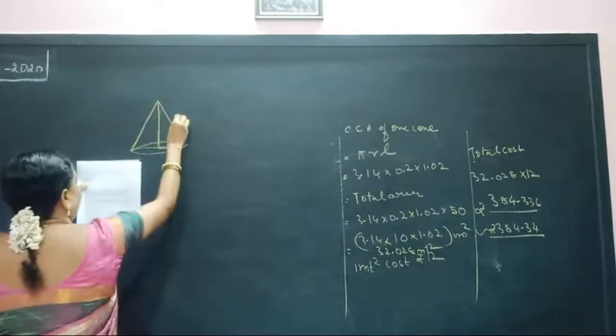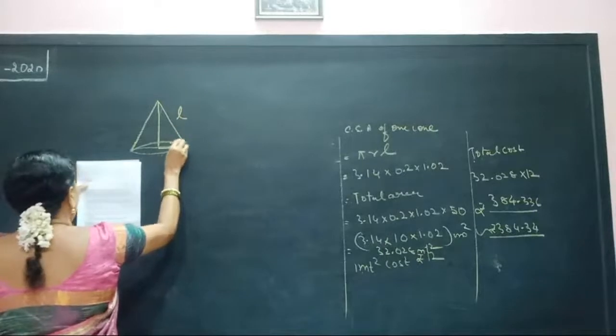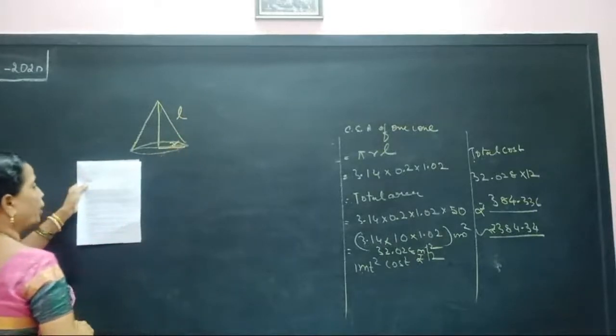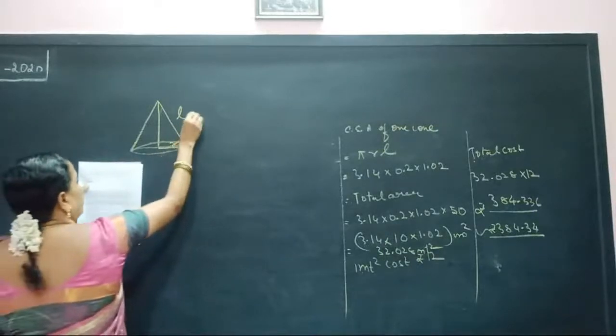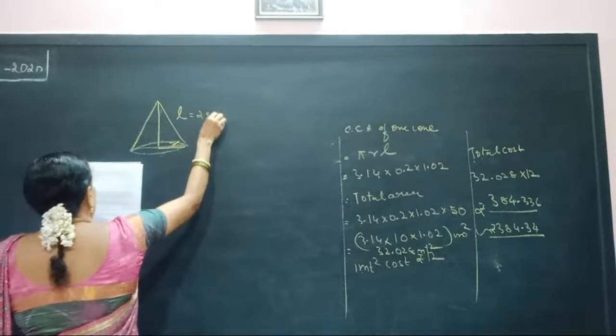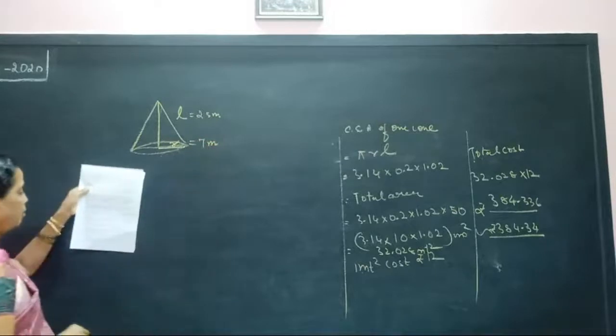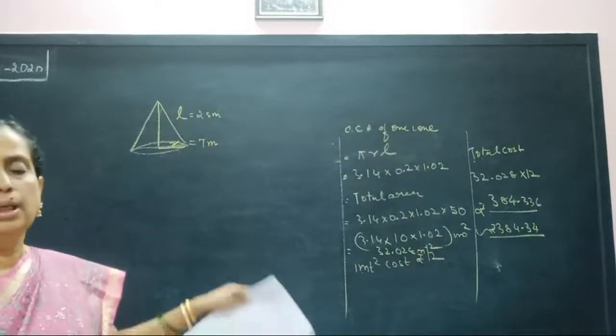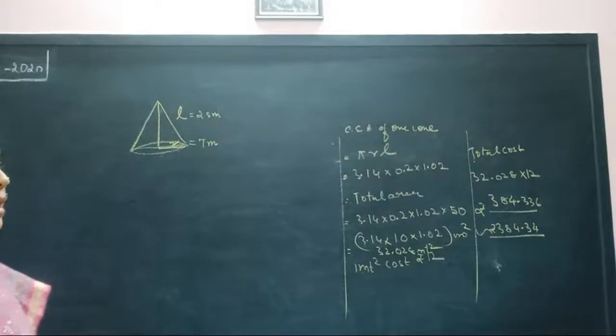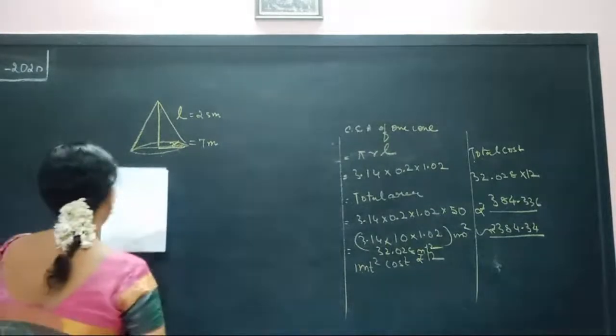The slant height and base diameter of a conical tube are 25 meter and 14 meter. They have given diameter as 14 meter. Here directly I took it as radius 7 meter.